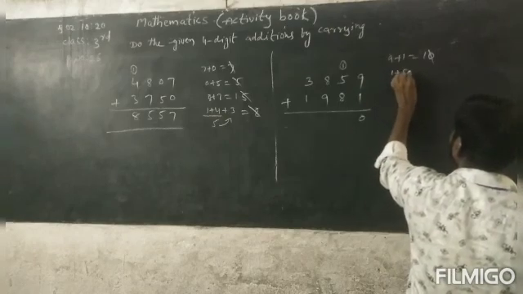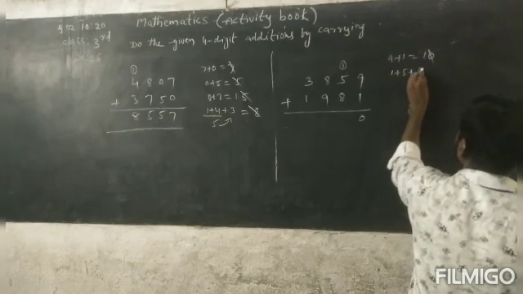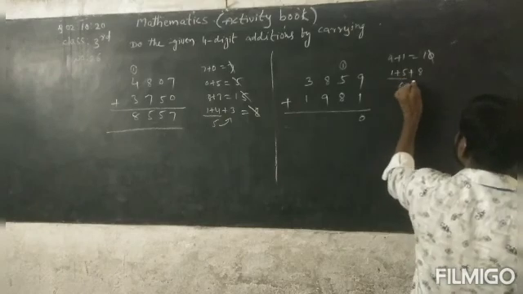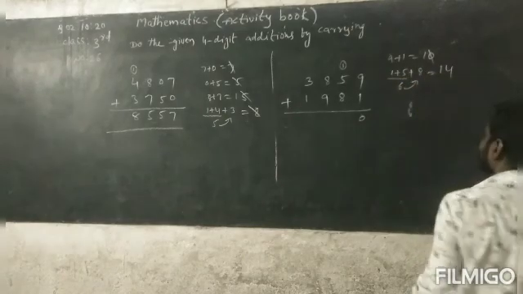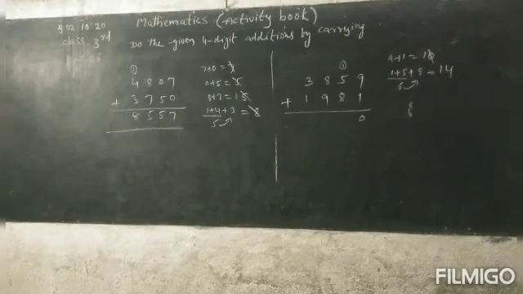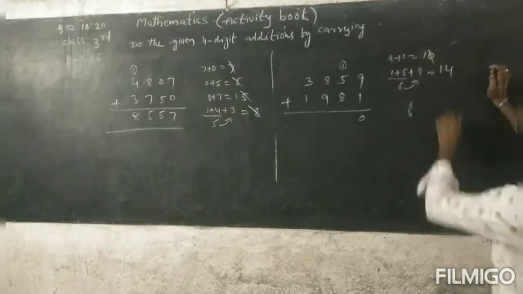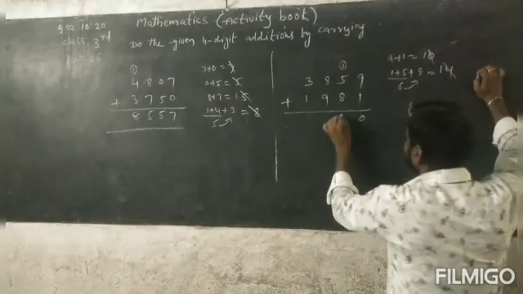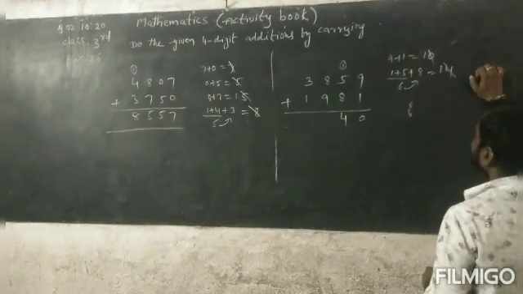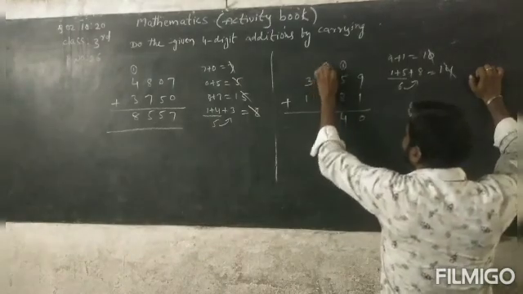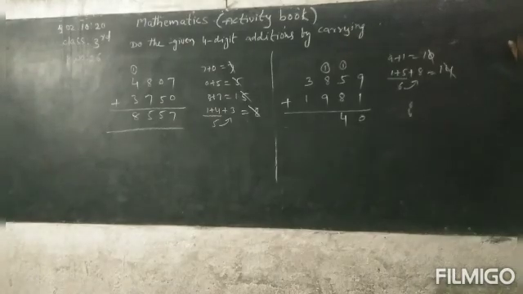Next, 1 plus 5 plus 8. 1 plus 5 is 6, 6 plus 8 is 14. After 6 you can count 8 fingers and get 14. 4 is taken and written under the tens column, and 1 is carried to the hundreds place.